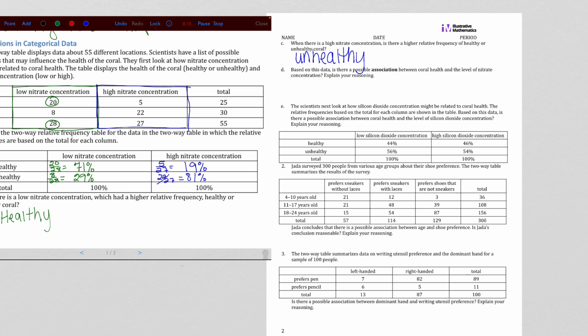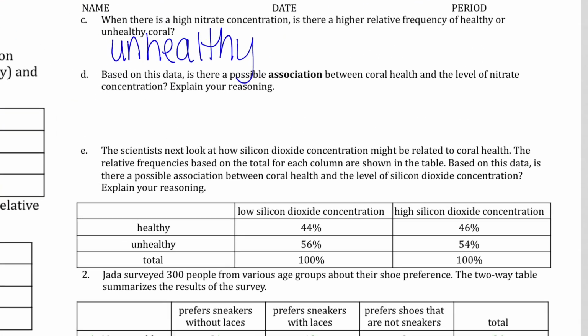Based on this data, is there a possible association? You may have to look at your page if you can't read what's on the board because it is kind of small. So is there a possible association between coral health and the level of nitrate concentration? Yes. Why do you think yes? Because when there is high nitrate concentration, the corals are unhealthy. Right. So yes.